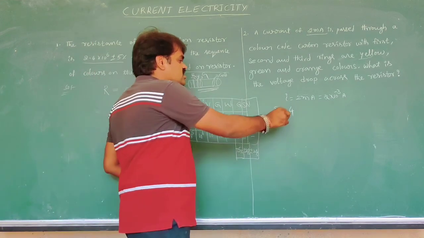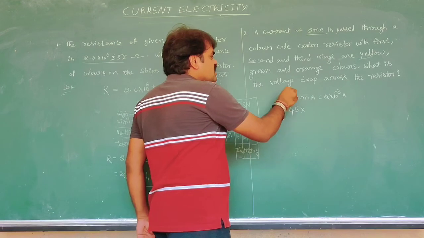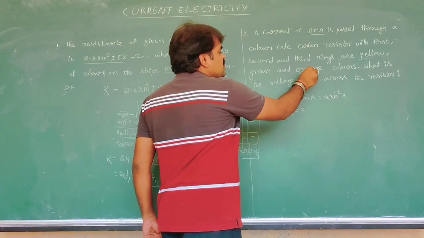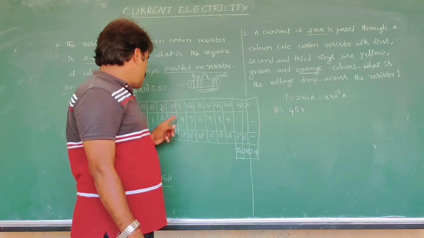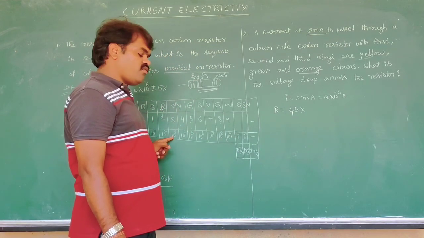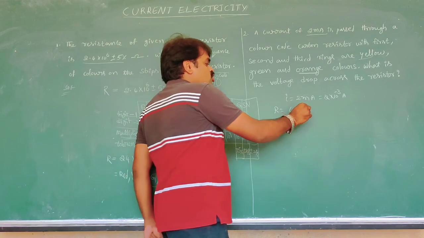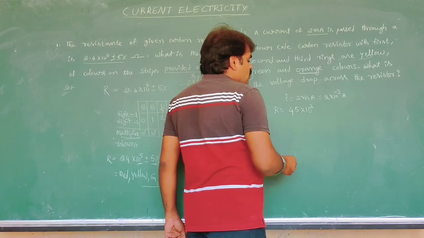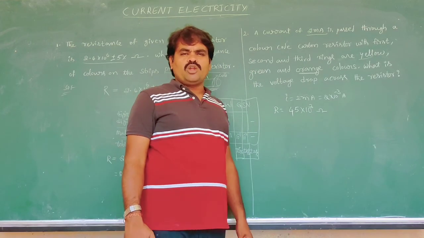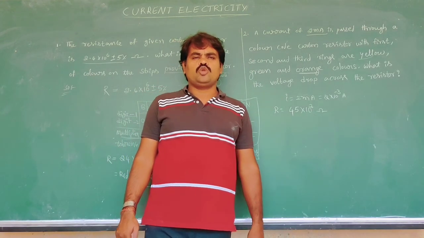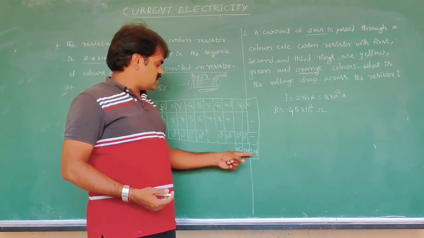That is the second digit. The third ring represents the multiplier. It is orange, so the multiplier is 10 to the power of 3 ohms. But here the fourth ring is not given, so the tolerance is plus or minus 20%.